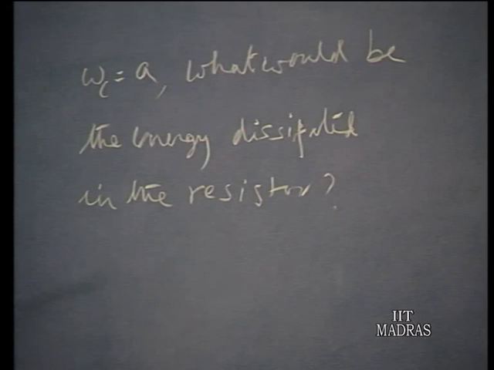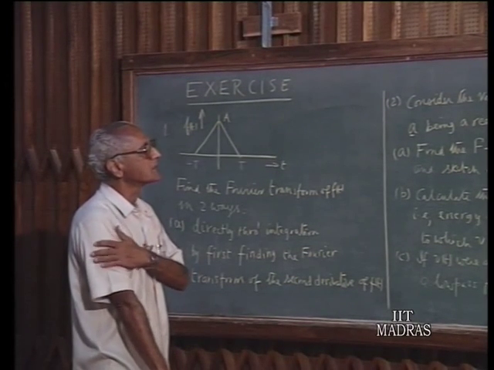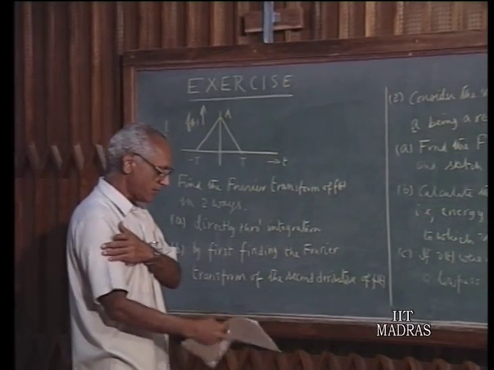That is, you have a low pass filter which cuts off all frequencies beyond omega c, omega greater than A, then what is the energy dissipated in the resistor?